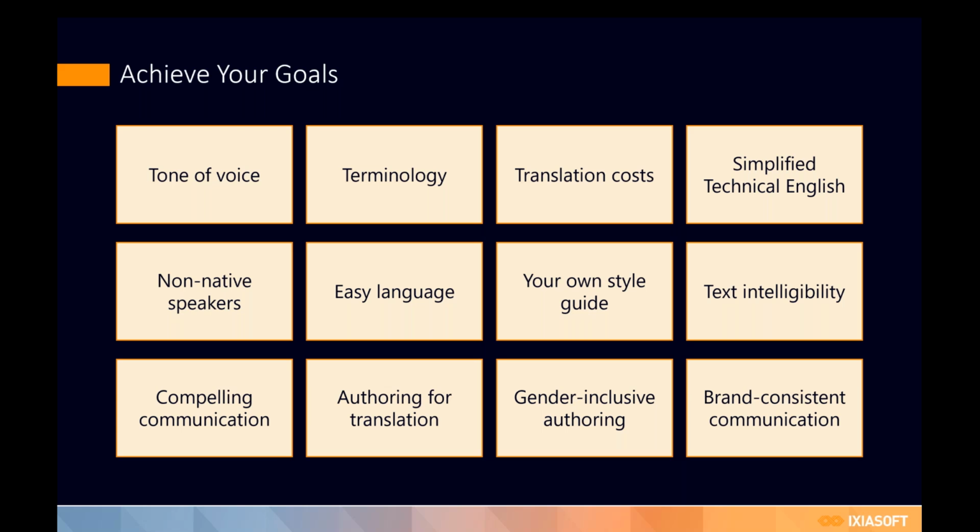Then I already said that translation costs might be a driver for an authoring assistance. If you have a translation process, you might save money by reusing sentences. That's, for example, where authoring assistance in the sense of sentence reuse is very useful.